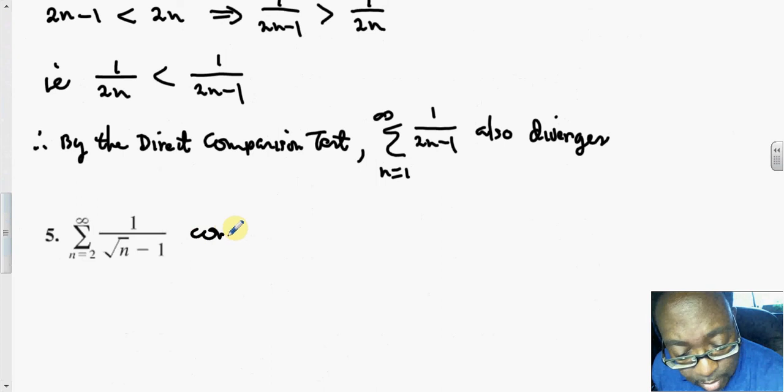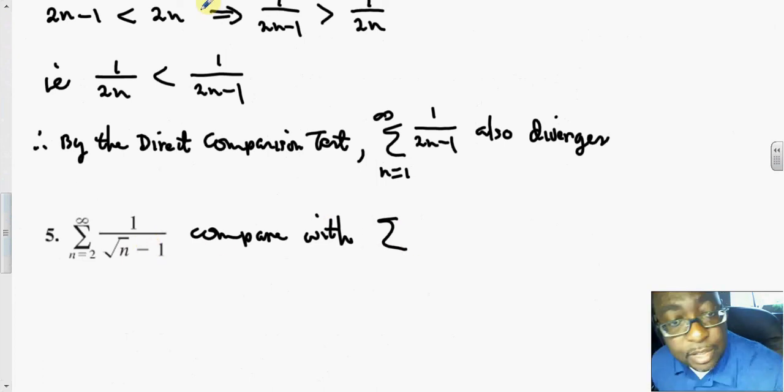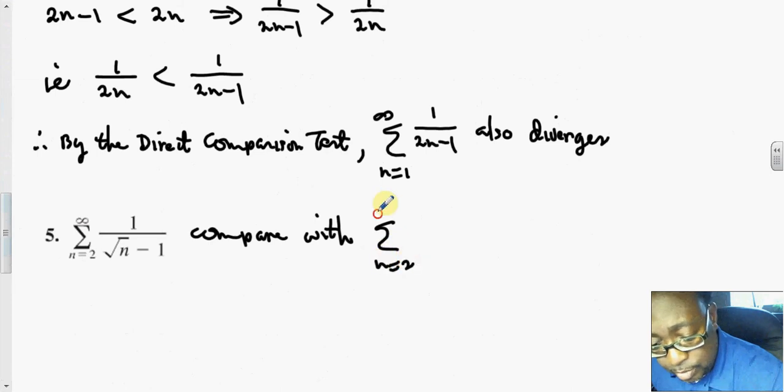This next one, we want to compare with, if you get rid of that negative 1, the summation as n goes from 2 to infinity of 1 over the square root of n.